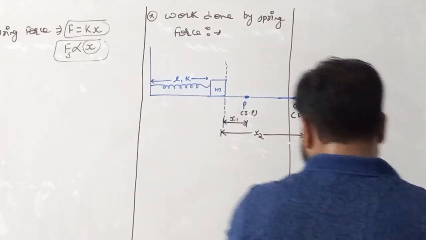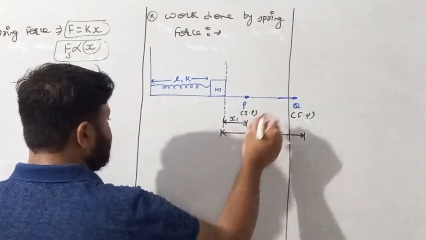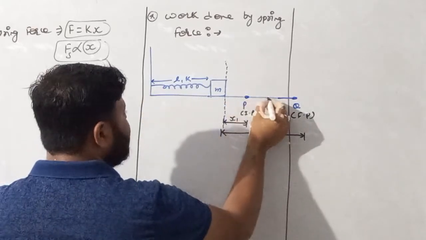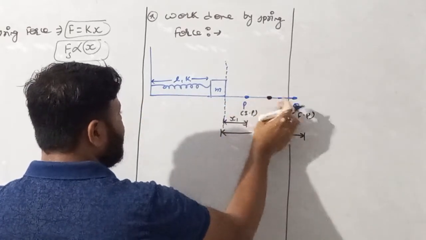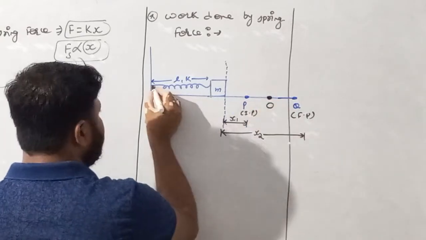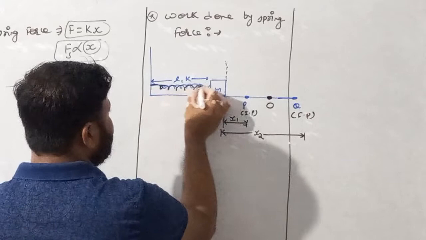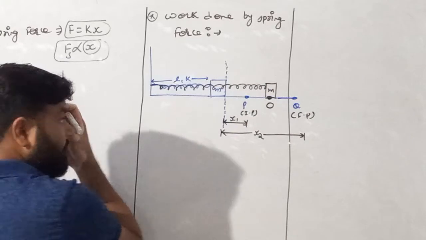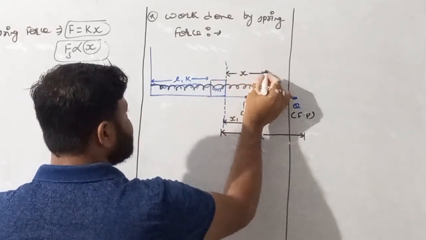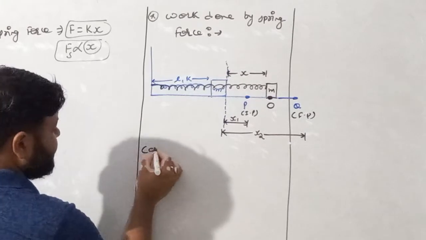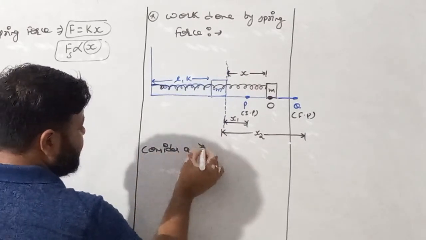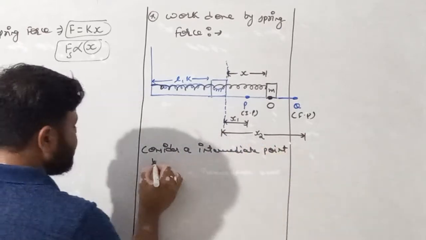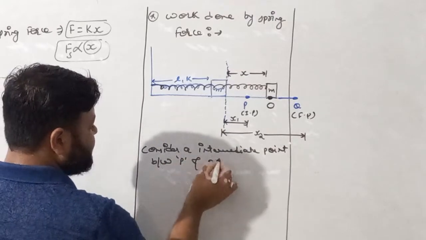So moving forward, I am taking a midpoint between points P and Q. Let's suppose we have a midpoint O. Here I am placing the block which is attached to the spring.